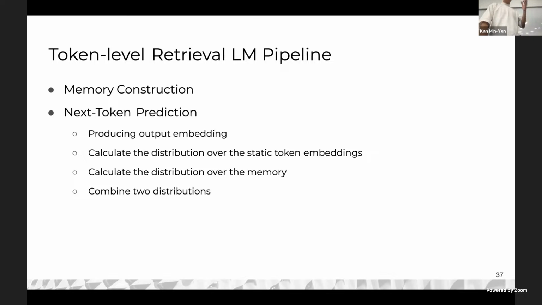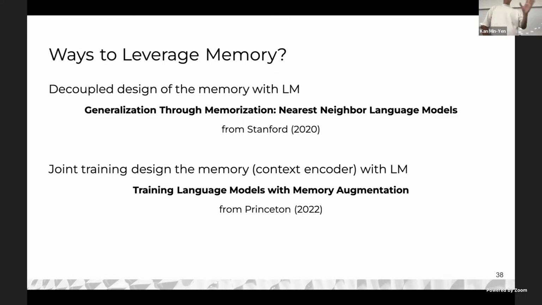So how can we combine the memory with the language model? Here are 2 paradigms. The first one is a decoupled design of the memory with the language model, and this work is studied by Stanford. The other one is to jointly train the language model with the memory or the context encoder, which is done by Princeton.